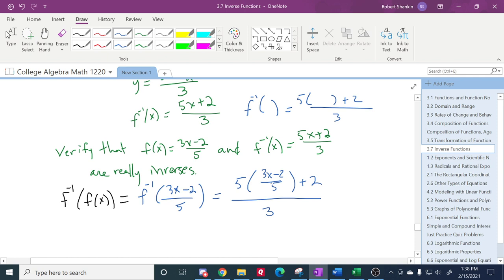Now, what if these are really inverses? Everything is going to cancel out and you're just going to wind up with x. But we can't just start canceling everything out because there's a particular order in which we have to cancel. For instance, right here, this minus 2 and this plus 2, we can't cancel them out at this point.